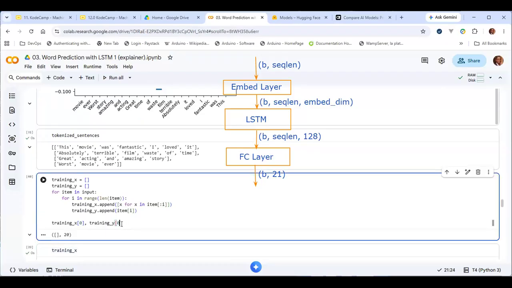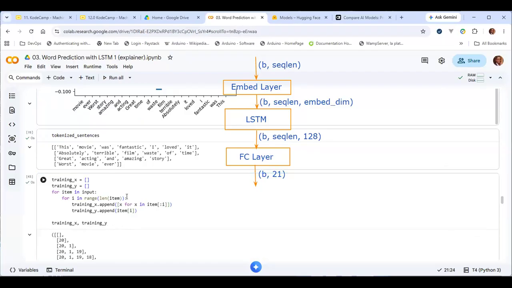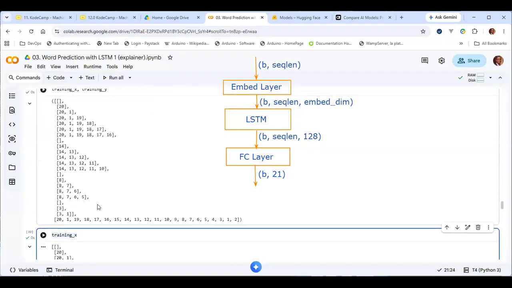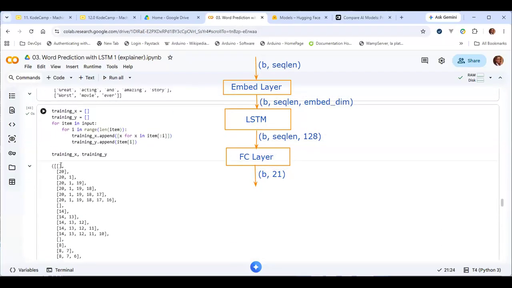Okay, so the reason why we started with the first one is because this first one ends up giving us nothing, right? So we shouldn't actually do the first one.